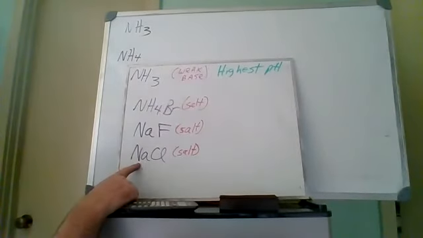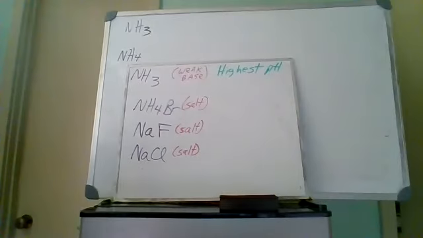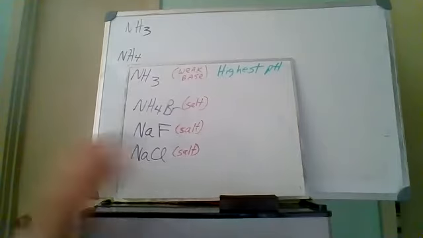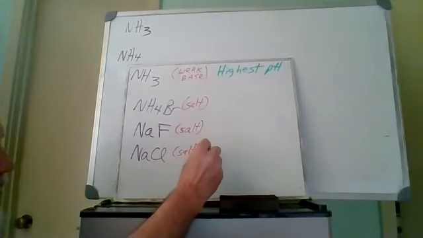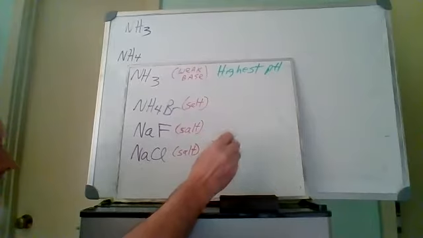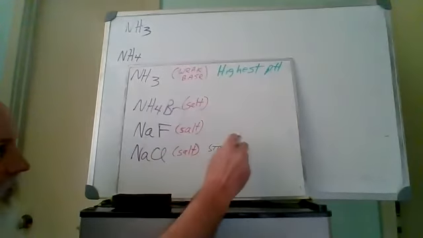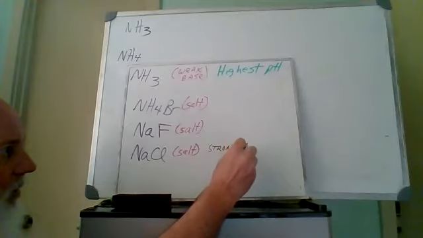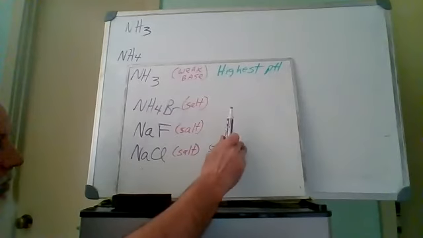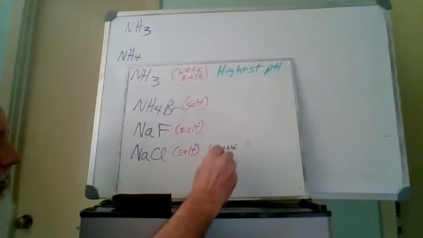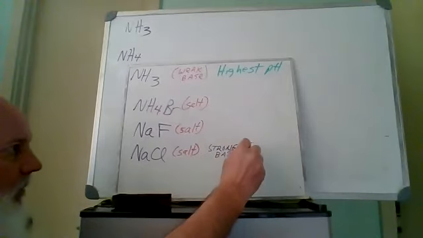Sodium is from a strong base, the cation from a strong base, and the anion from a strong acid.